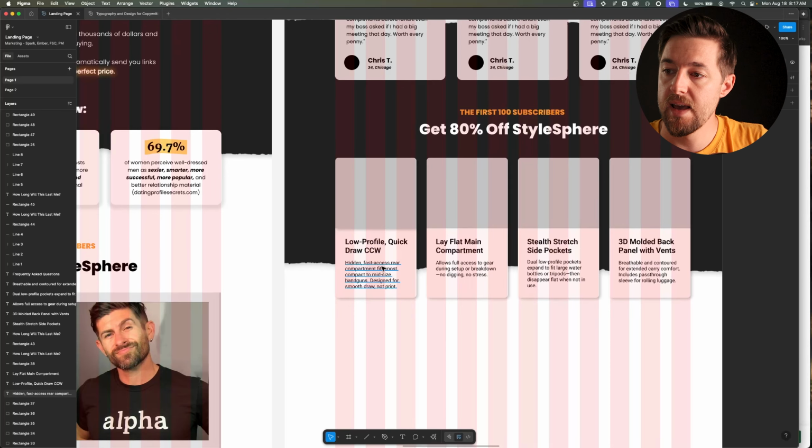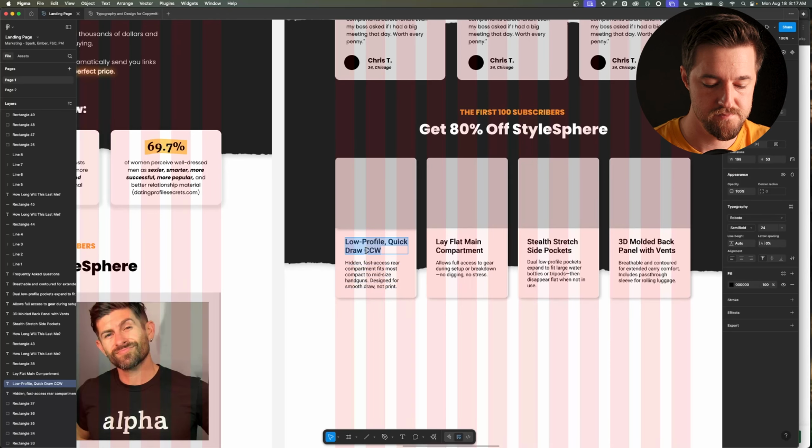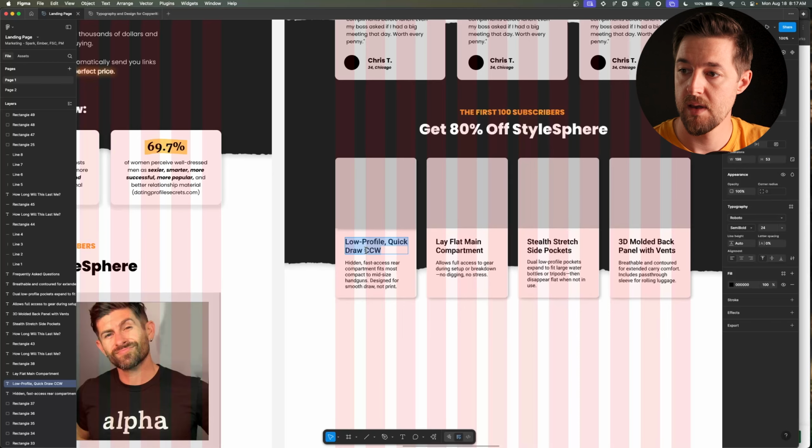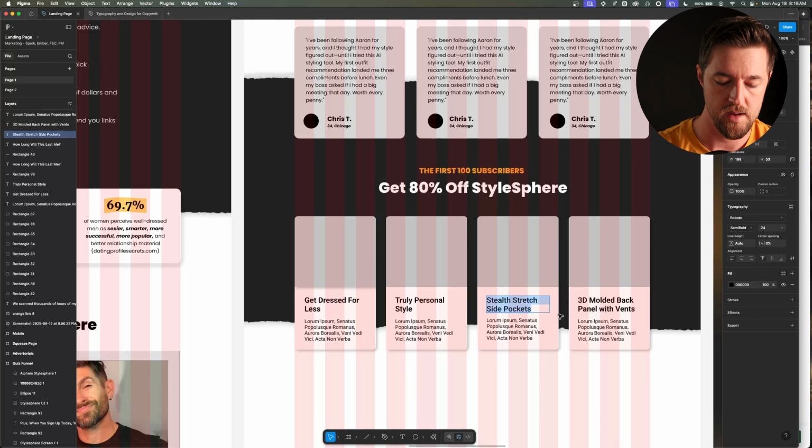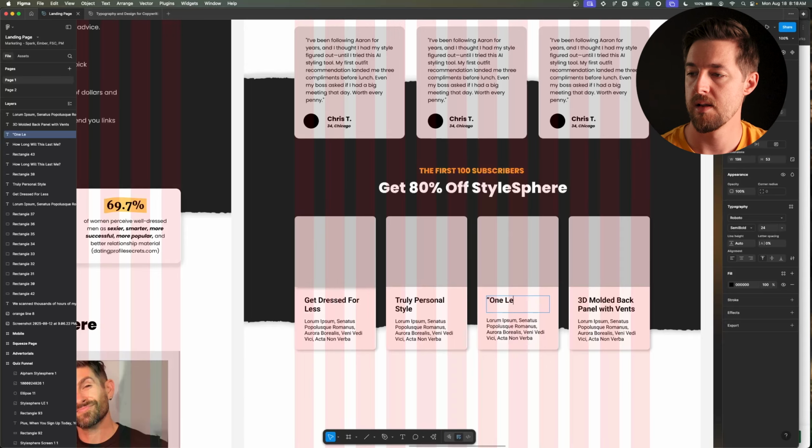We want to say, get dressed for less. And for now, I'm just going to make the supporting text lorem ipsum. Truly personal style. One level above.